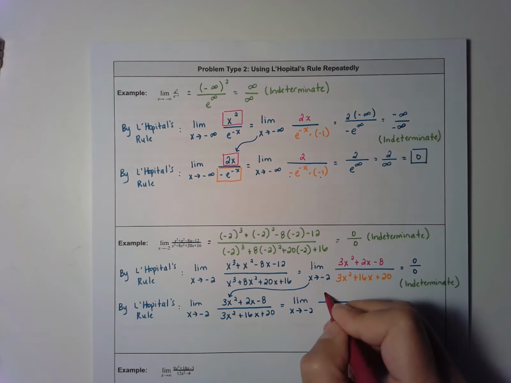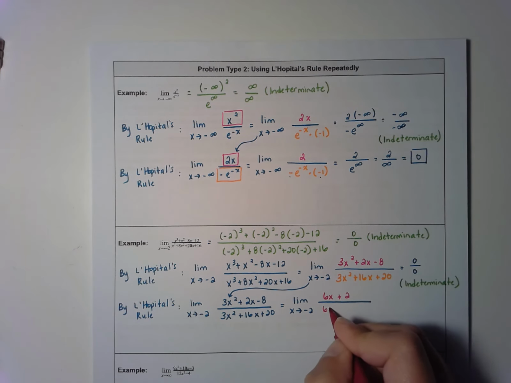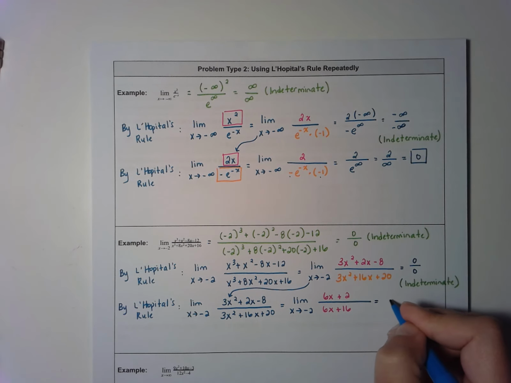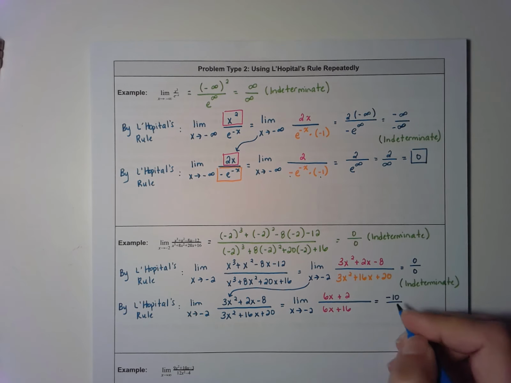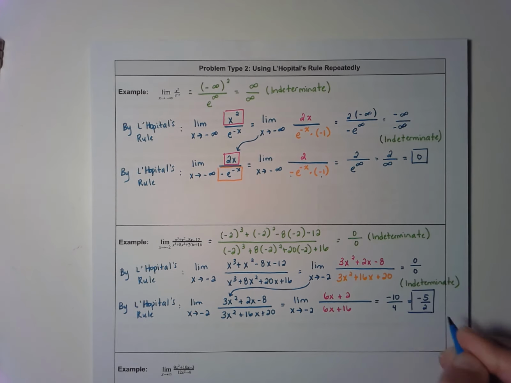So the top would be 6x plus 2, and the bottom would be 6x plus 16. Now, if you try direct substitution again, you get -12 plus 2 is -10, and -12 plus 16 is 4. So that simplifies to -5 over 2, which is your final answer.